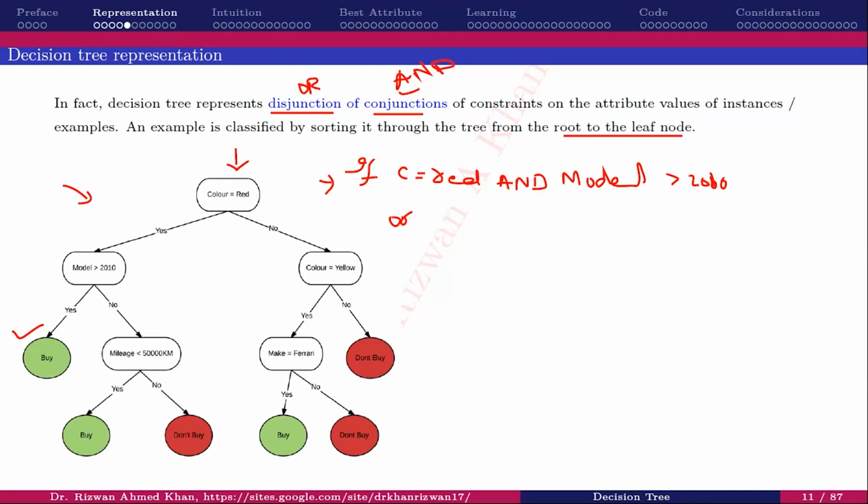Sir, I have pasted half of the decision tree.